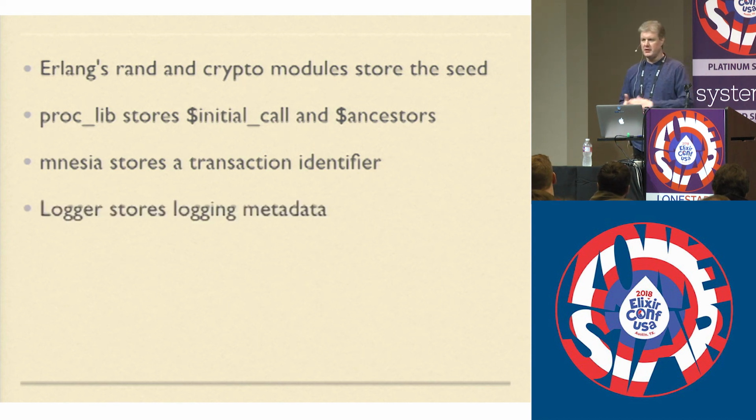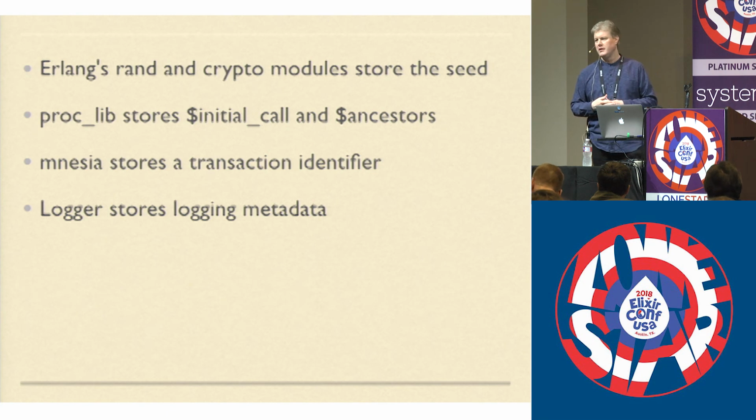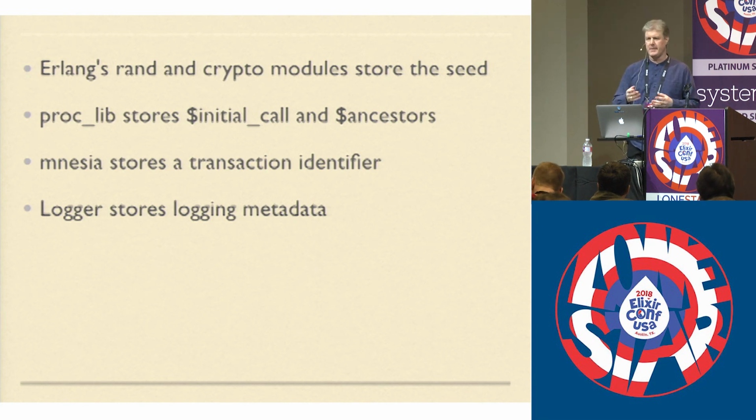Logger. I think we've probably all used Logger before. Not everyone knows, but Logger supports metadata. You can attach different metadata which is stored in the process dictionary. So early on in a Phoenix app, in a plug, when you log a user in, check their session or cookie, you can set their user ID in the logger metadata.